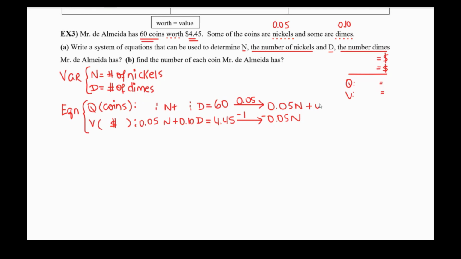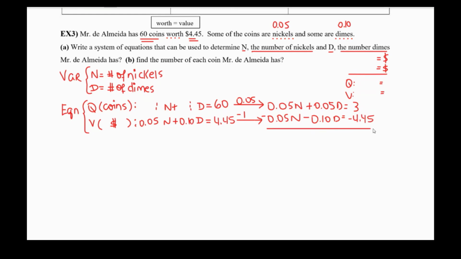So on top, we get 0.05d equals 3. And on the bottom, we get 0.10 times negative 1, negative 0.10d. And 4.45 times negative 1, we get negative 4.45.